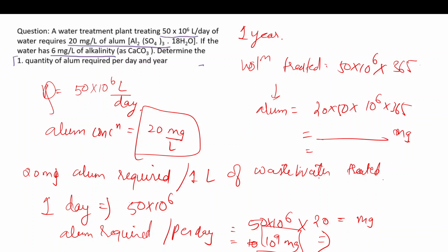You can convert into some other units depending on the question, or if it is asked for. Otherwise milligram is a very small unit, you can convert it into kg or ton, right? Okay, I will provide you with the conversion as well in the next slide, maybe.